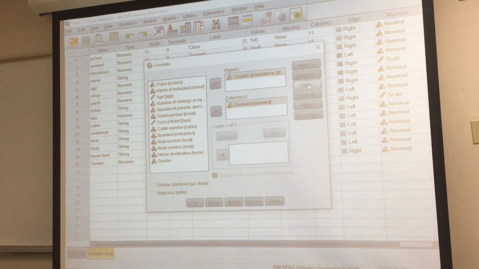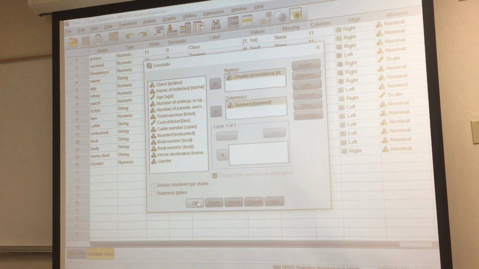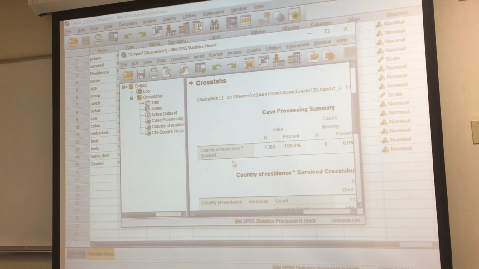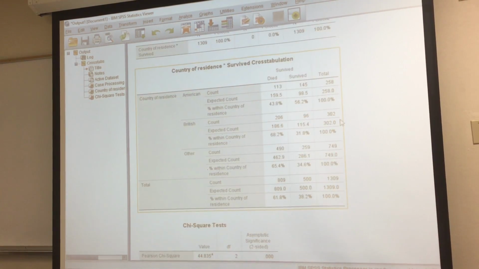Then you click Cells, and you click Expected counts. I'll tell you later what this means. And also you click the percentages of Row, and click Continue, and click OK. Okay, it's working. So here's the output.